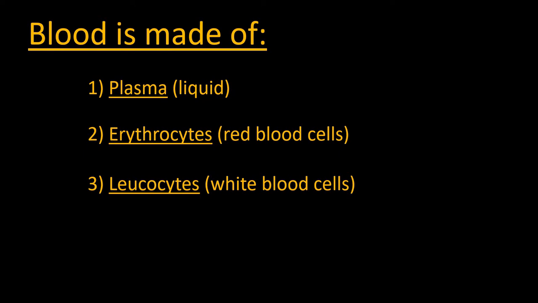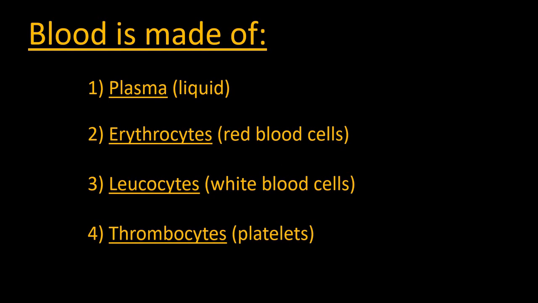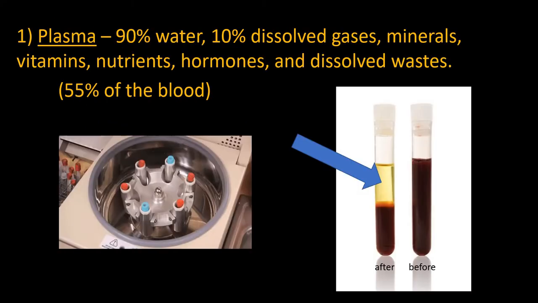Those parts are the different types of cells, which include, first off, erythrocytes, as most people know of as the red blood cells. Erythro means red. Cyte or cyto, remember, means cells. So these are the red cells.